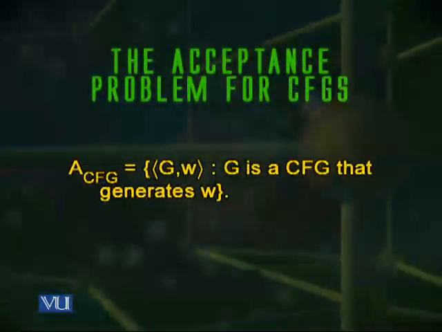Well, let's have a look at the first problem. This problem called ACFG consists of a grammar and a string G, W, where G is a context-free grammar and W is a string, and the grammar G must generate the string W. So, is this language decidable?